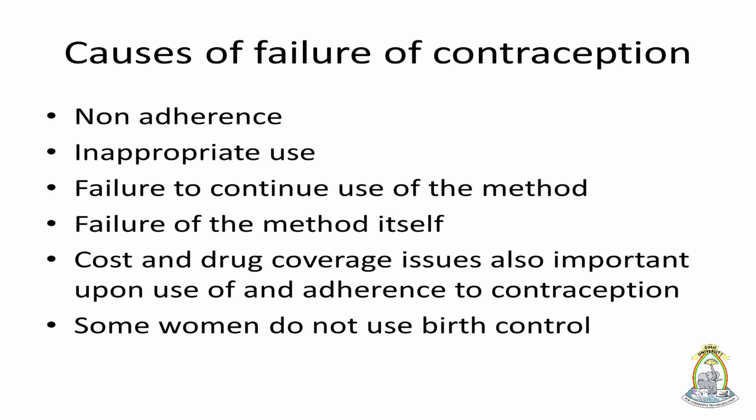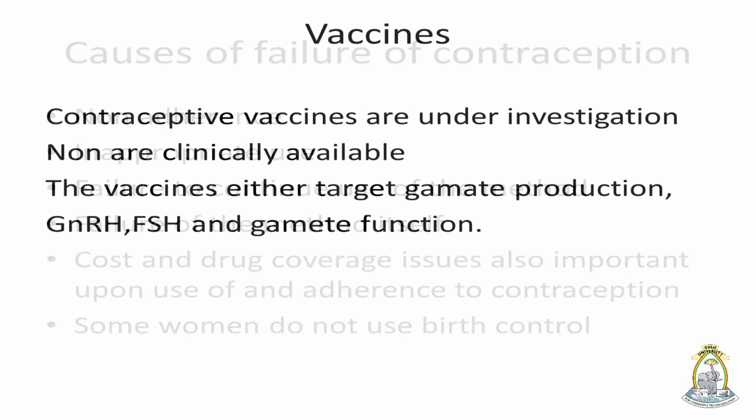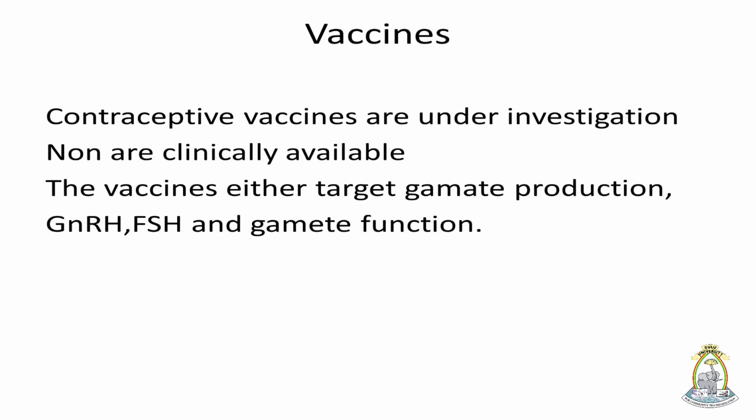It may be because of cost and drug coverage, so that means people start skipping the methods, and that's still non-adherence. And some women do not actually use these birth control methods at all. There are things that are coming up. Maybe when we go to 50 years, we'll be discussing advances in contraception.